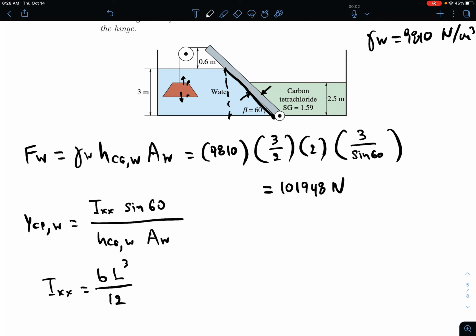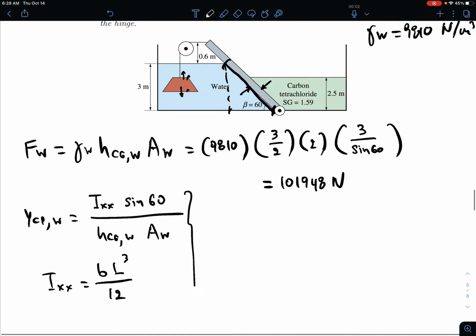B in this case would be the 2 meters. L would be that length, which is 3/sin 60.